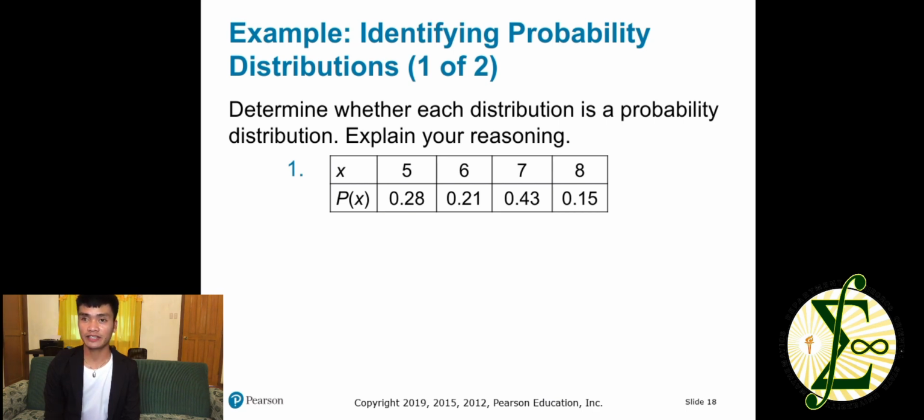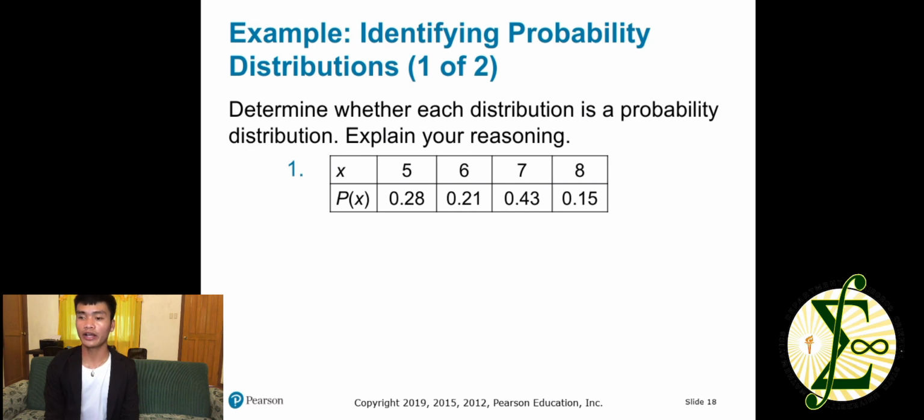Let's find out if it satisfies the first condition, that all the probabilities must lie between 0 and 1 inclusive. Each probability lies between 0 and 1: 0.28, 0.21, 0.43, and 0.15.